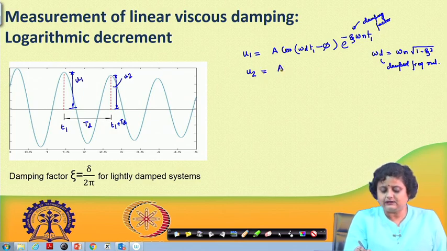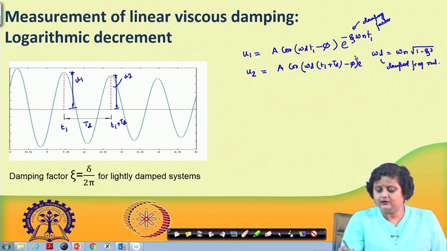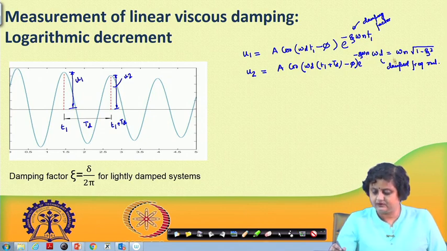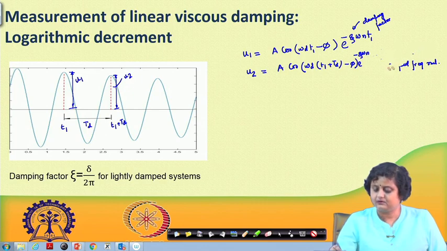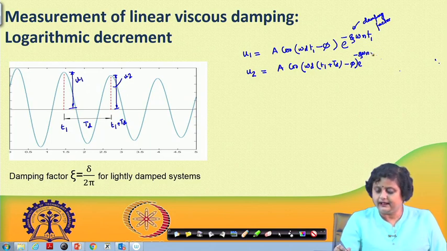So, U2 is nothing but A cos(omega d into (t1 plus Td) minus phi) into e to the power minus zeta omega n (t1 plus Td).